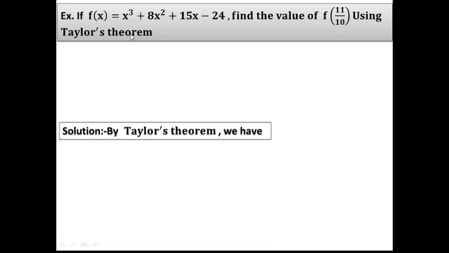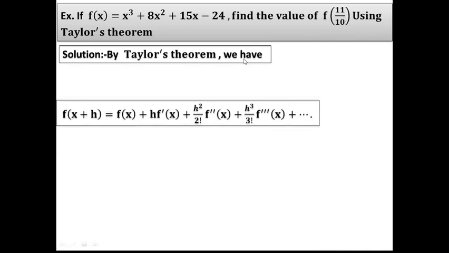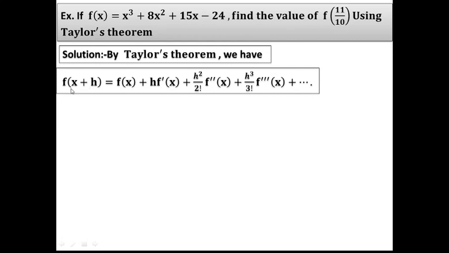So let's start with Taylor's theorem. As the evaluation of a value is expected, when this kind of problem is there, we will use formula number 1, that is f of x plus h is equal to f of x plus h f dash of x plus h square by 2 factorial, and so on. As no restrictions are given, we will write up to the third derivative term.